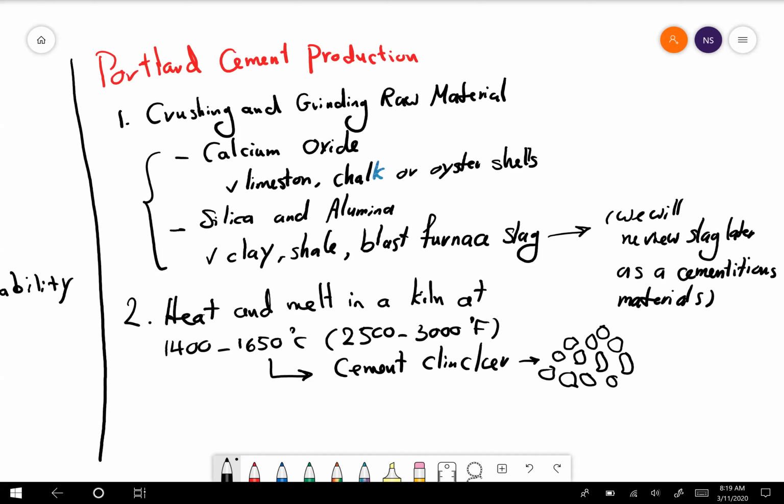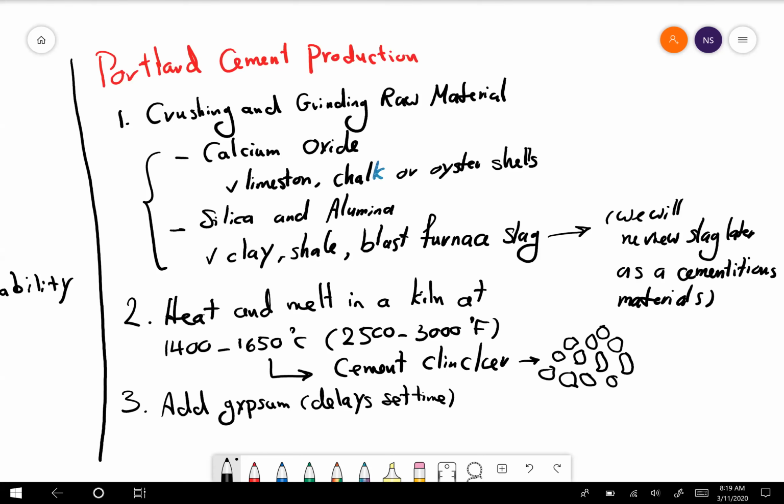Okay, so the last step after producing the clinker is that we need to add gypsum to the mix. What gypsum does is that it delays set time.